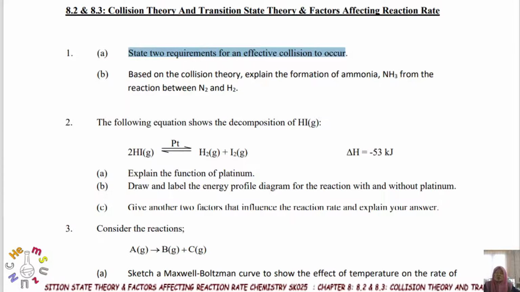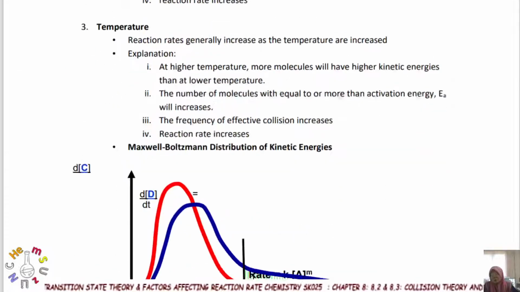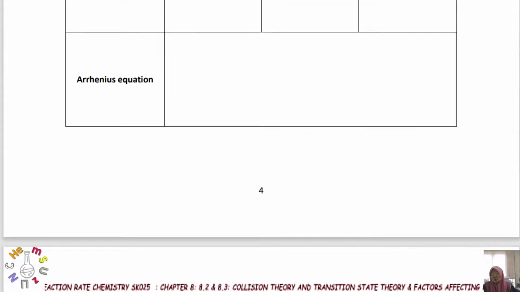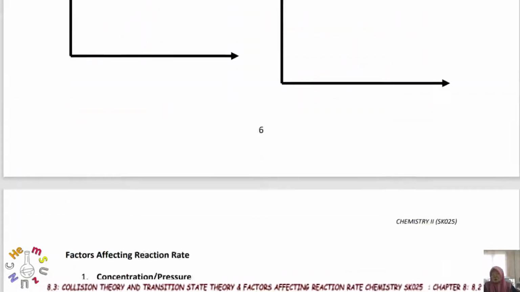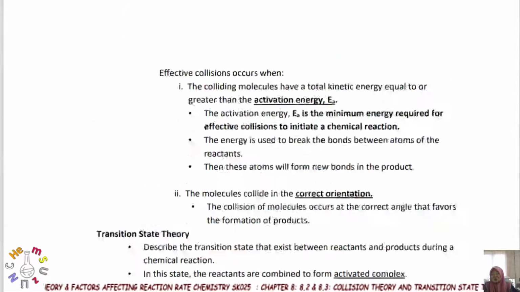Jadi bila kita nak bincang yang itu, kita akan refer balik pada nota kita. Mana nota kita? Factor rate, catalyst.